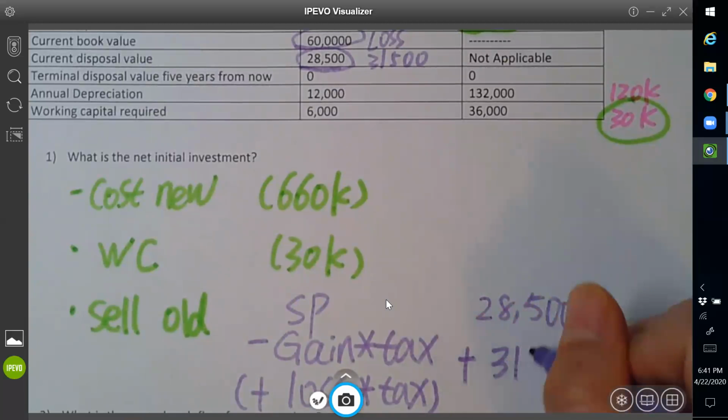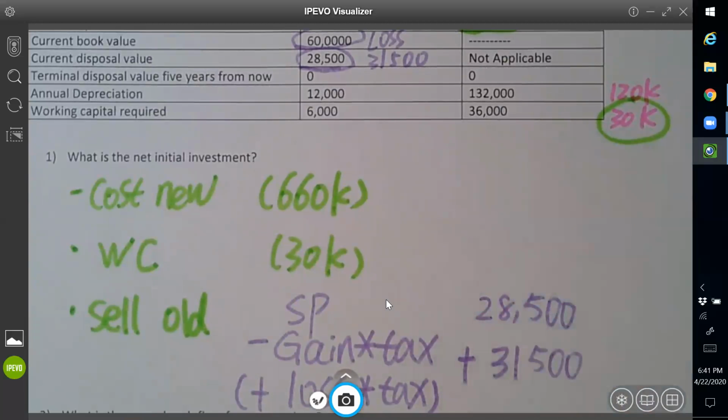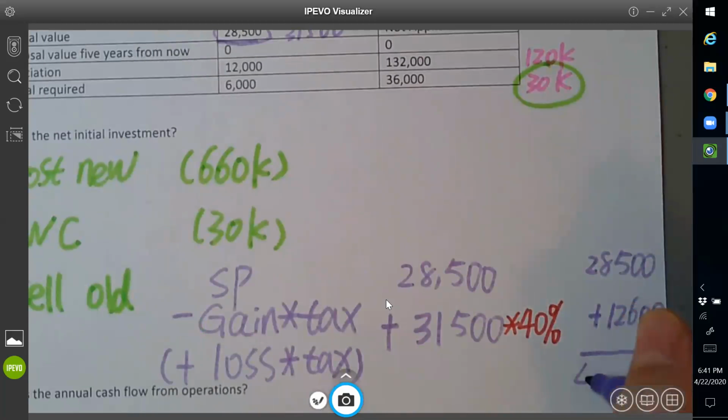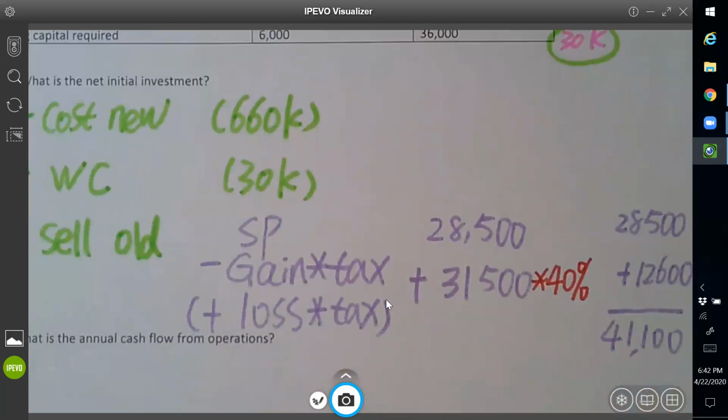Loss is 31,500. Do we save all of this 31,500? No, we just save the tax part. So we just save 40%. So that will be 28,500 plus 12,600. We get our after-tax cash inflow of selling the old bus: 41,100.